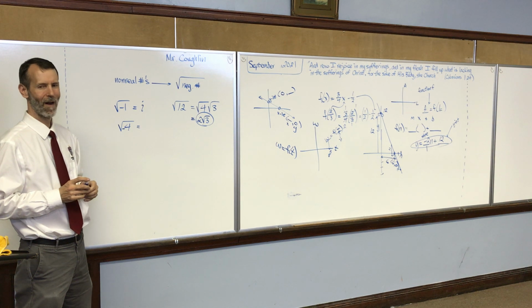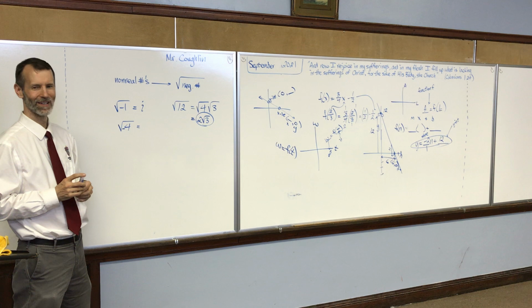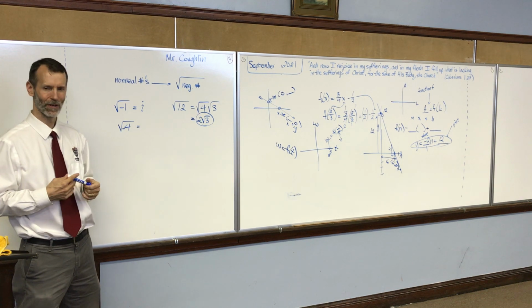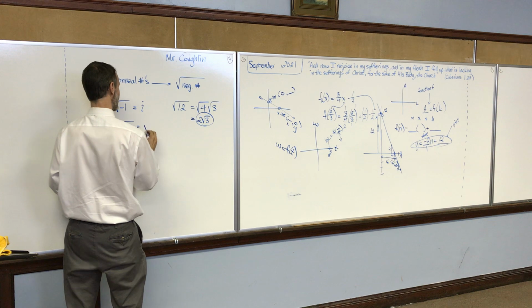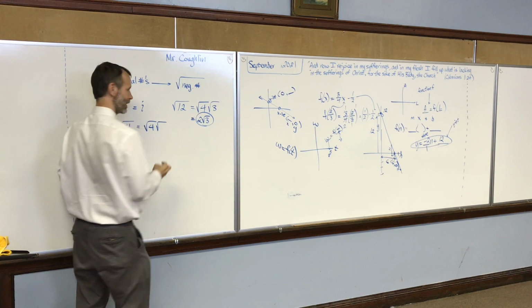Think bigger. It does divide by 2, but 2 isn't a perfect square. Go bigger. 4. Yeah, 4. Radical 4 times radical what?